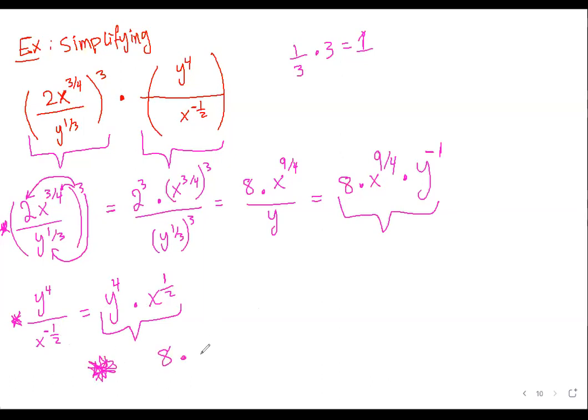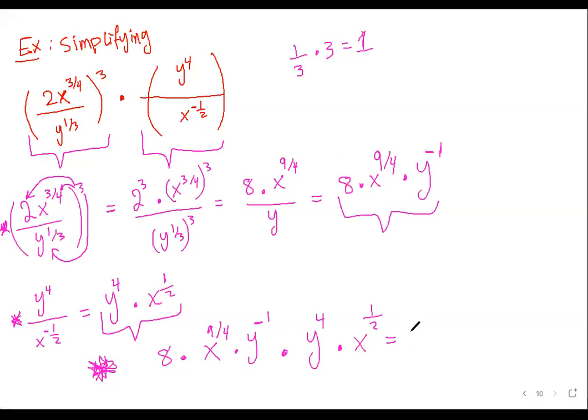So 8 times x to the minus 1 over 4 times y to the minus 1 times 4 times x to the 1 over 2. Again, I have the same base, x and x, and y and y.